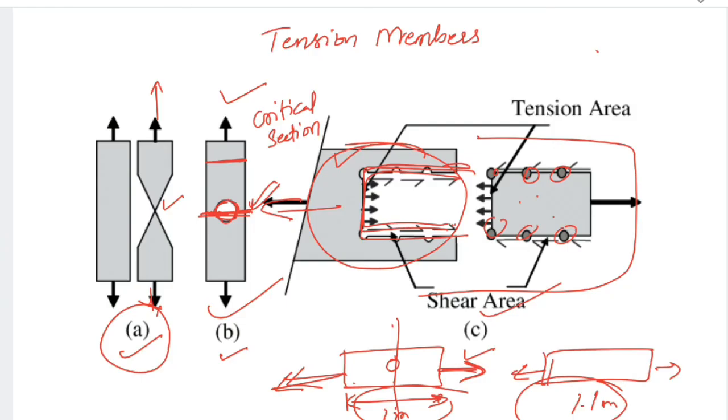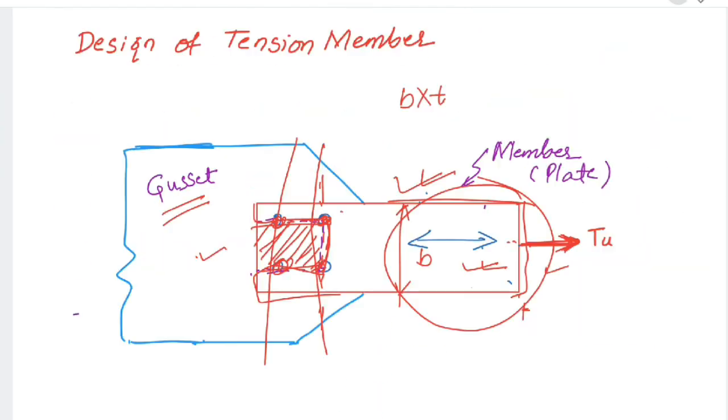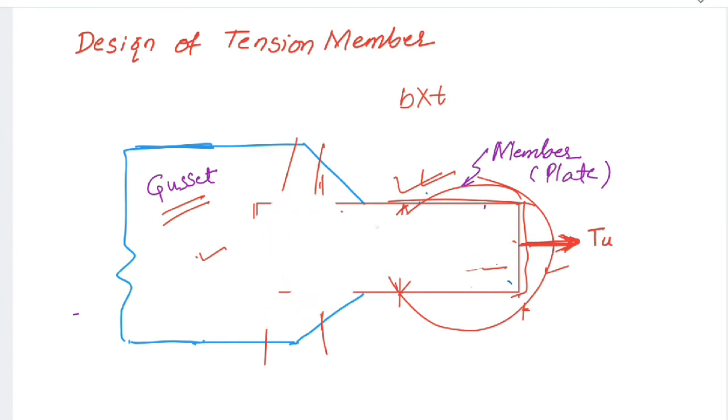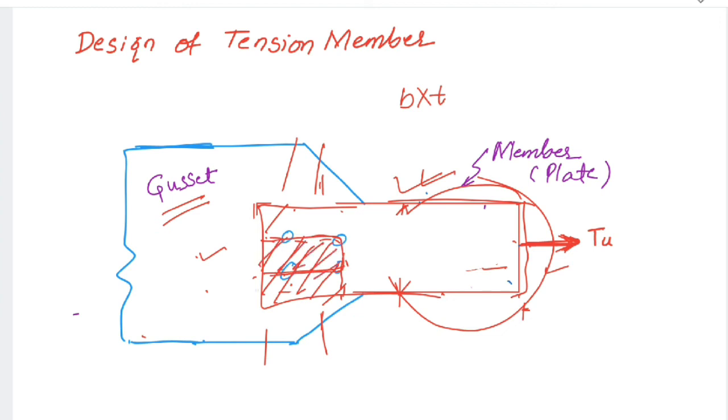Here the block shear failure may be in two positions. Either it may get separated thoroughly, or, if there are bolts here, 3, 4, it may get separated along this direction, or it may get separated in this direction also. So this portion may remain with the gusset plate, or only this much may remain with the gusset plate.